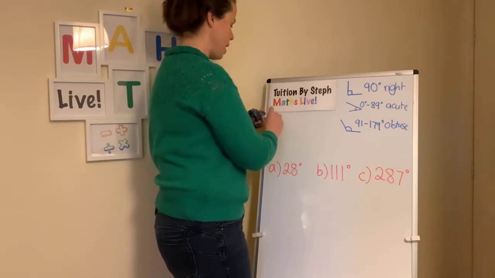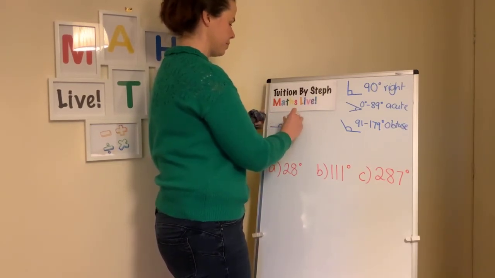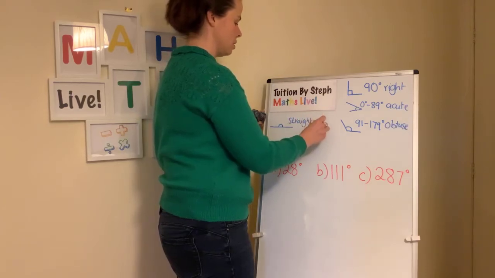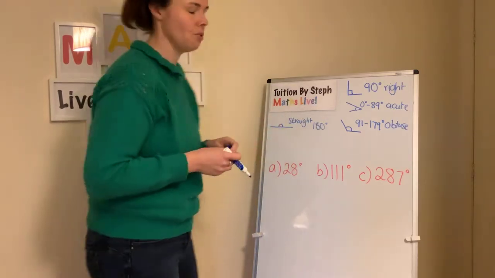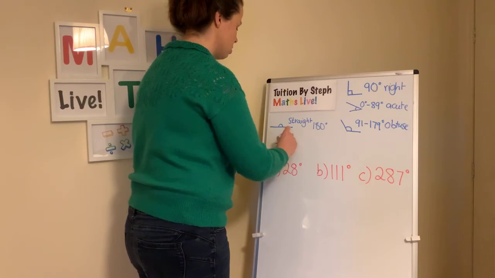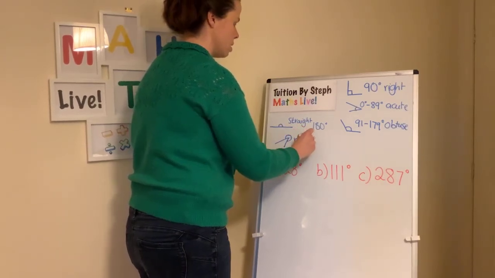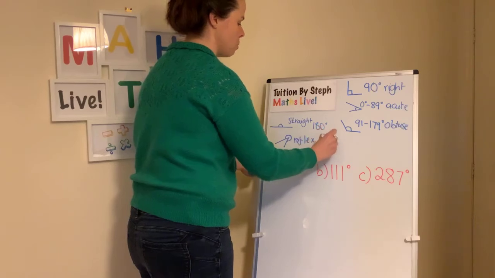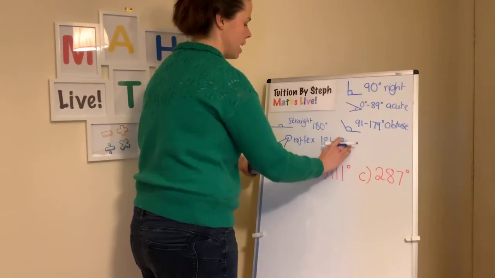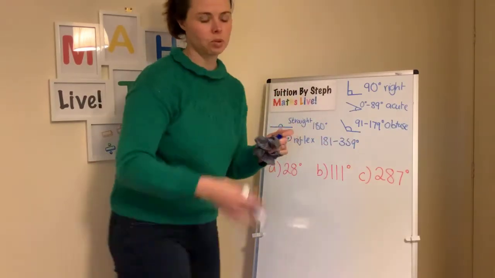Then we have a straight line, which is exactly 180 degrees, not 179, not 181. The biggest angles, which are called reflex angles, go from 181 to 359. Technically, 360 is a full circle.